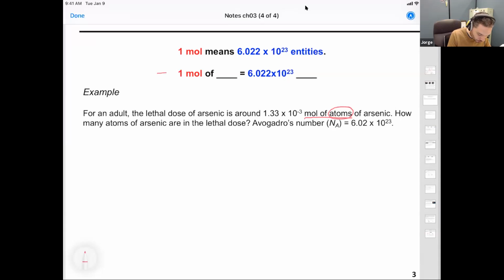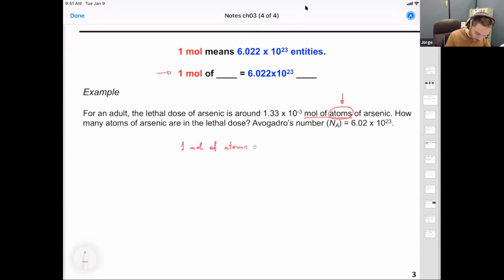And I'm going to use this conversion factor over here, so let me rewrite it right here. 1 mole of, in this case, we are going to fill this gap with atoms, because that's the thing we are dealing with.